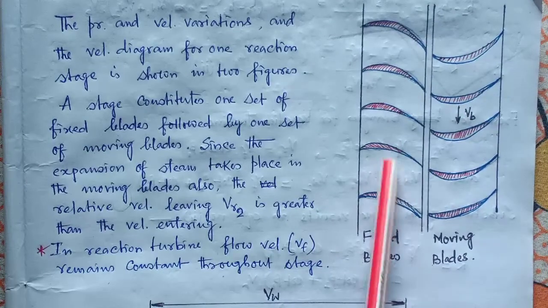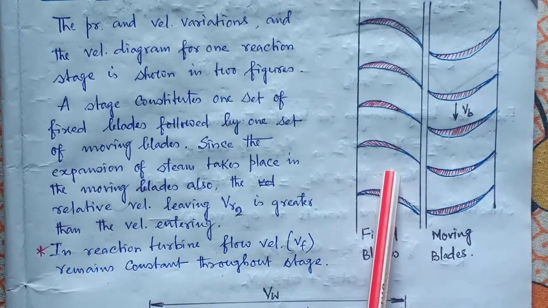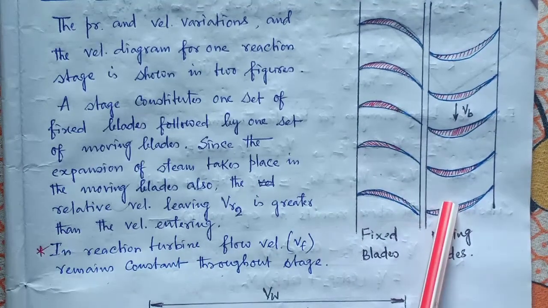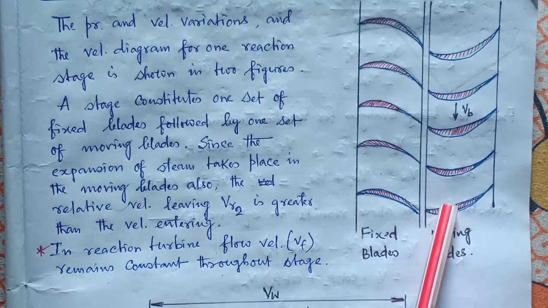Guide blades are provided here to change the direction of the steam, and moving blades for gaining the revolutions.